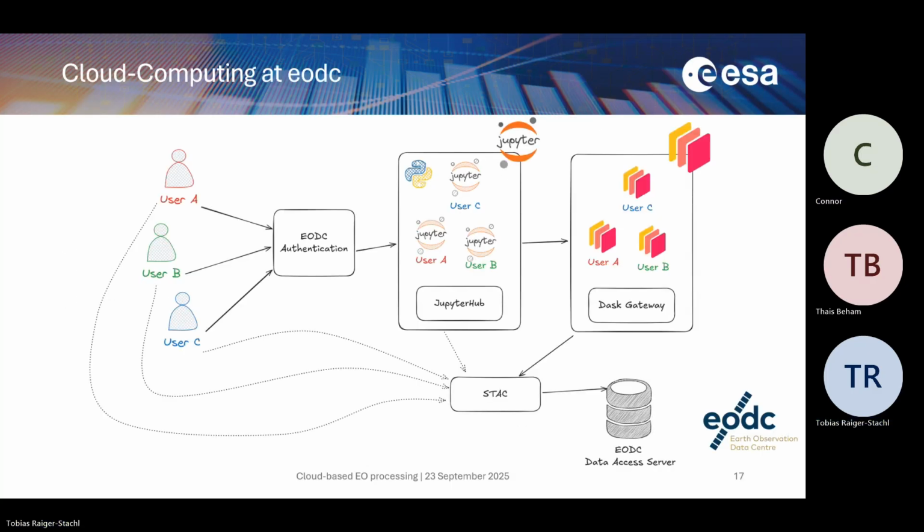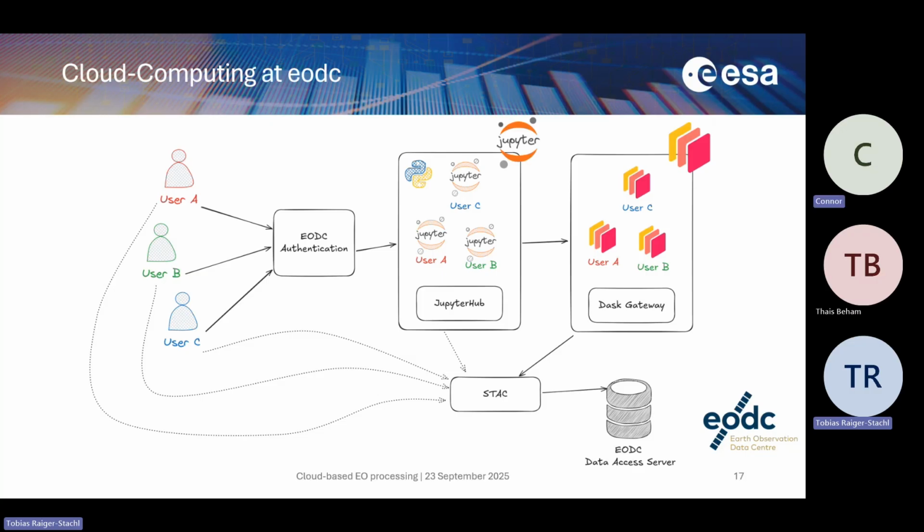So at EUDC, this is then the full picture. A user needs to authenticate, or needs to register at EUDC. Then this user can have access to the JupyterHub, and from the JupyterHub you can then have direct access to the Dask cluster or to the Dask Gateway.